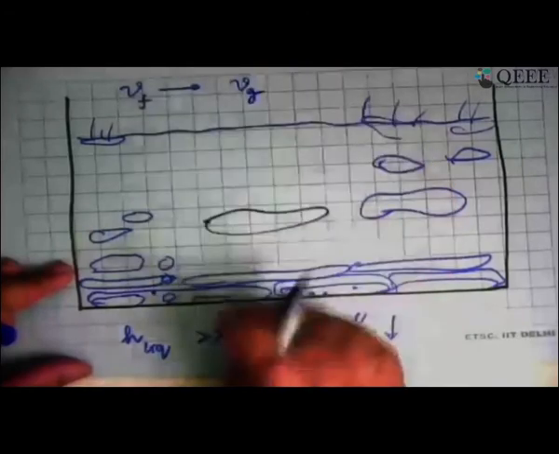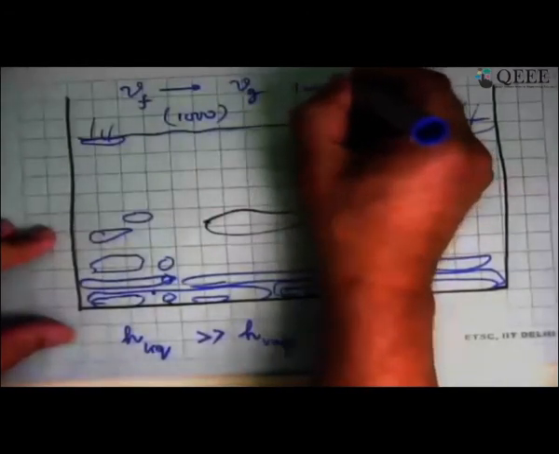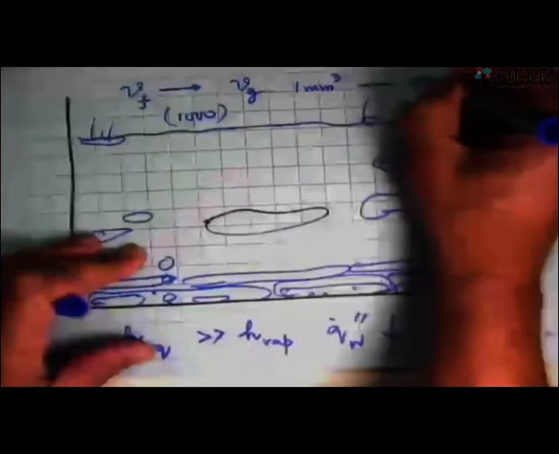And the moment it comes in contact with this, the temperature difference is so high, it becomes a vapor. And the reason why it blankets this thing is that, if you recall thermodynamics, when we looked at Vf, which is a specific volume of the liquid, and compare it with Vg, specific volume of the vapor, this is a factor of 1,000 type of a difference. Which means that if you have 1 millimeter cube of a liquid, which is a tiny little drop sort of a thing, it becomes vapor, you get 1,000 millimeter cube.